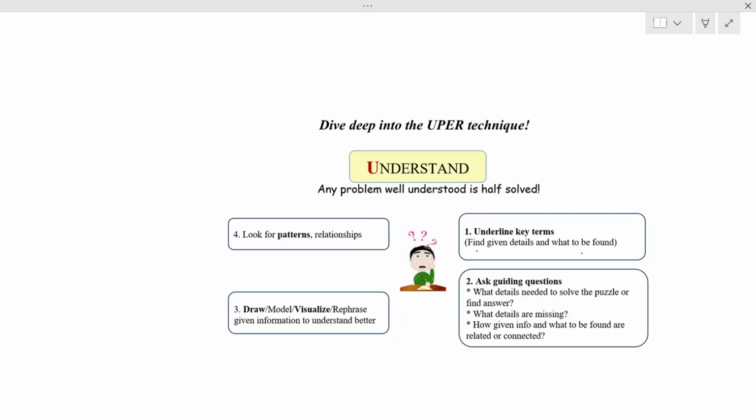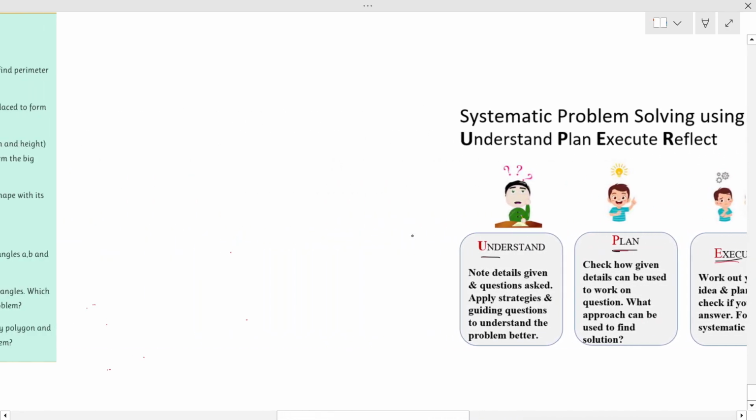In our case, we have given some guiding questions for students to work on this math problem, and you can draw, visualize, or rephrase the information so that you can understand it in simple words and look for any patterns or relationships. These are very small steps that help you understand a problem better.